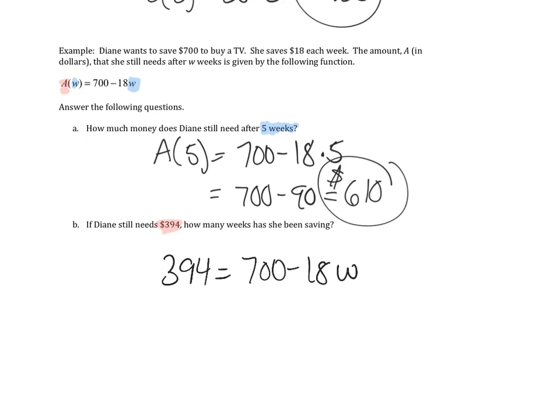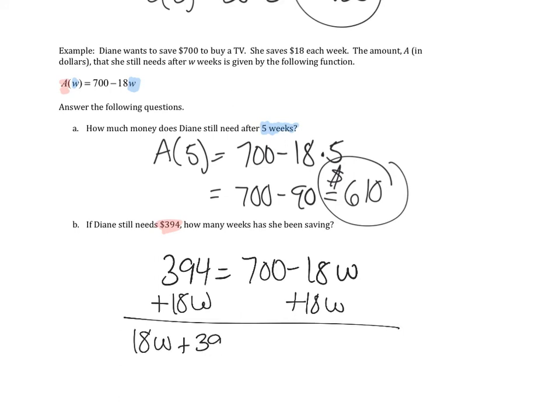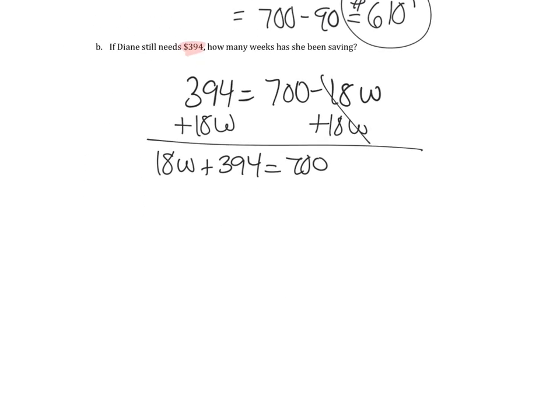So think back to solving equations. What I'm going to do is make the variable positive, so I'm going to add 18W onto both sides. And then I have 18W plus 394 is equal to 700. Okay, and if I keep going here, I'm going to subtract the 394 from the 700.